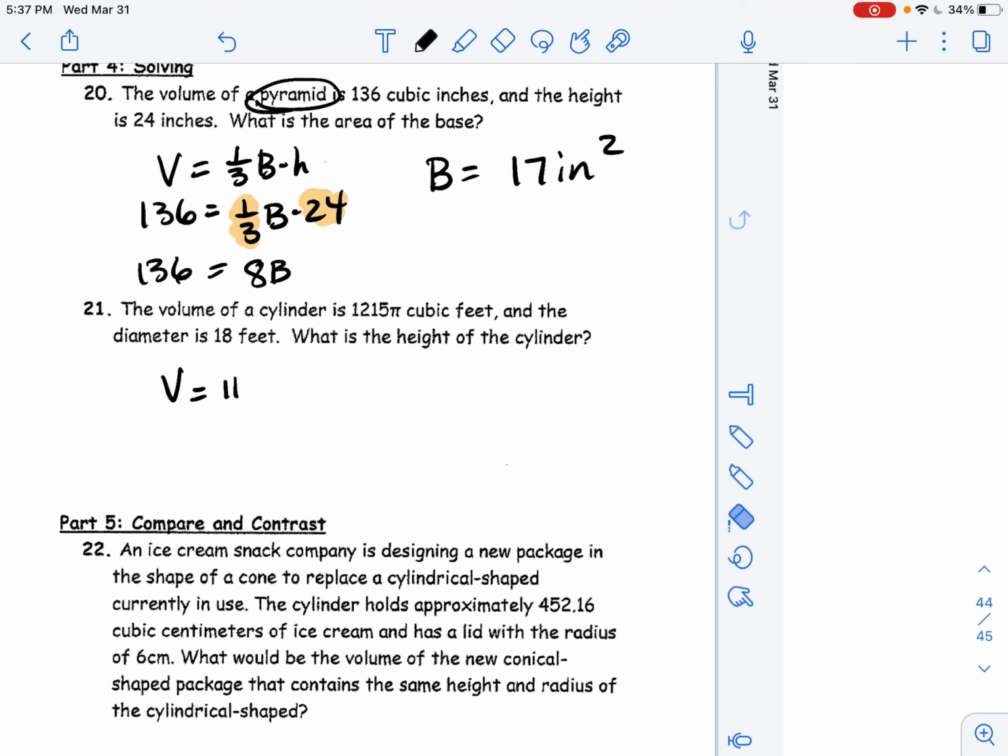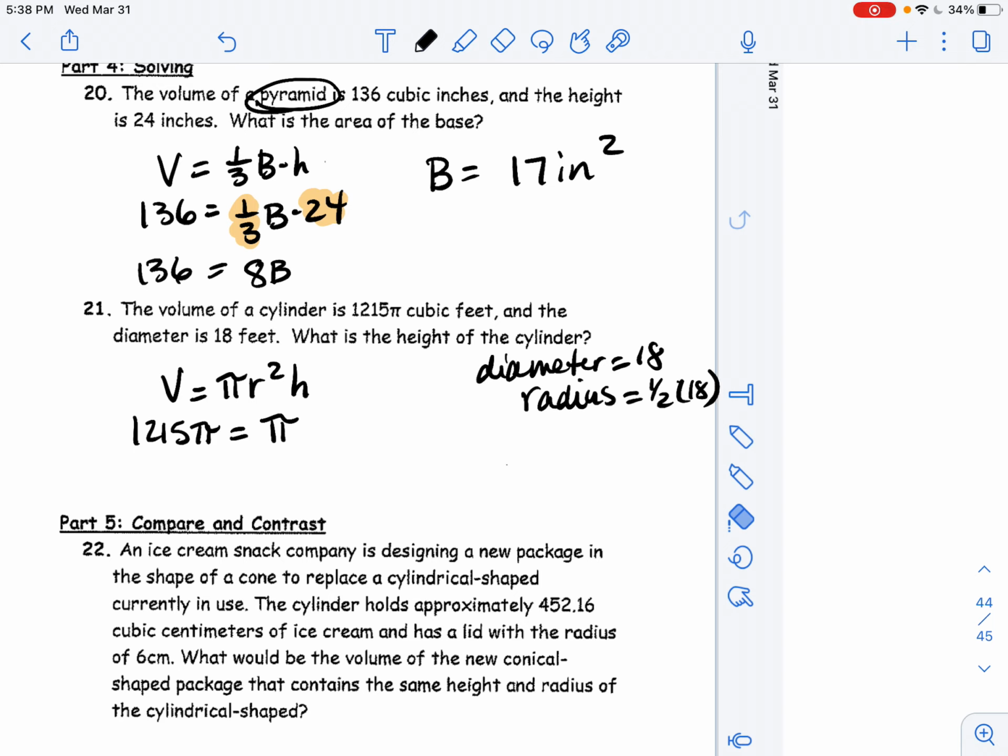21, the volume of the cylinder is 1215. Okay, so volume is base times height, pi r squared times height. And we know this is 1215 pi. The diameter is 18, so we know that the radius is half of 18, so we know that's 9.